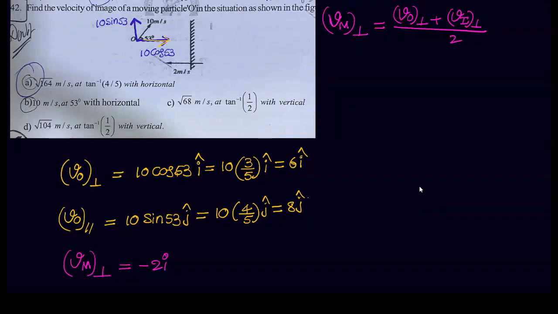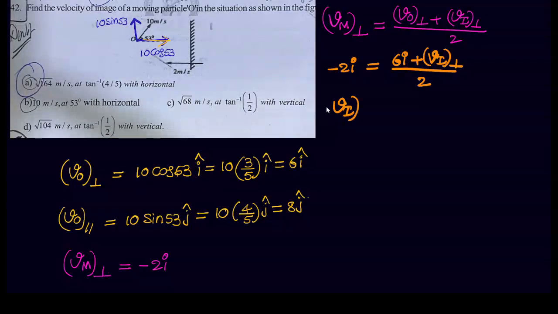Now simplify it. Velocity of mirror in perpendicular, which is equal to minus 2i, equals velocity of object, which is 6i, plus the image we need to get. Now velocity of image in perpendicular by 2, so velocity of image in perpendicular will be equal to minus 4 minus 6, minus 10i will come.